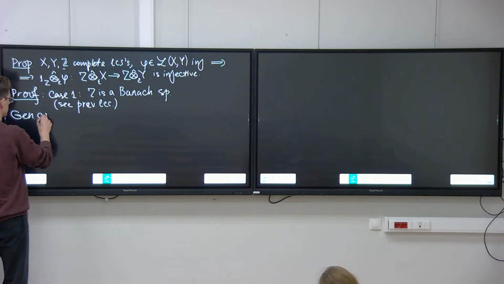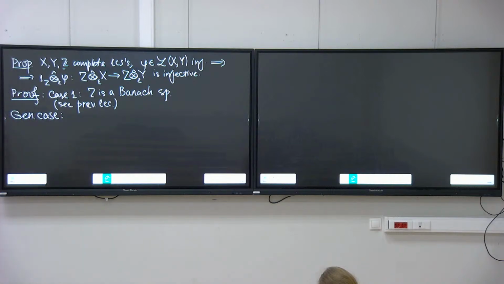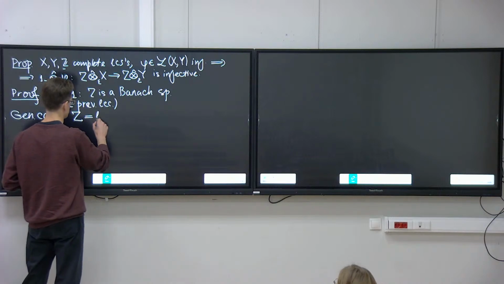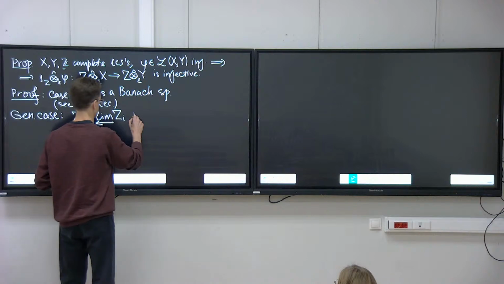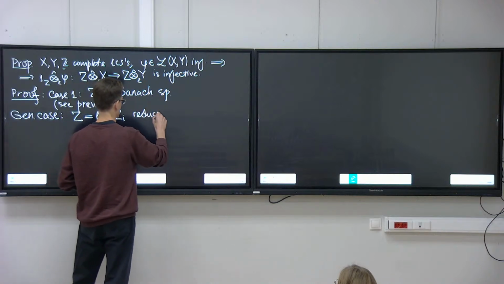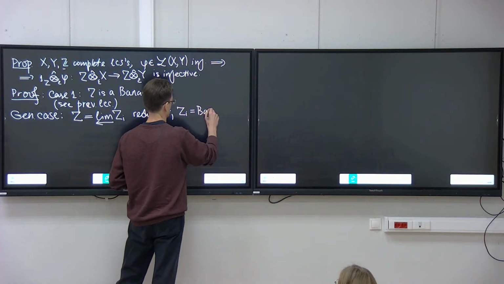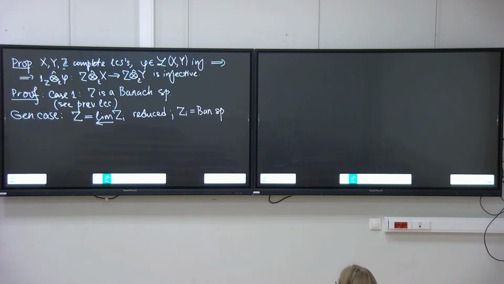The general case is reduced to the case where Z is a Banach space as follows. We represent Z as a reduced projective limit of Banach spaces Z_i. We know that every complete locally convex space can be represented in this way.